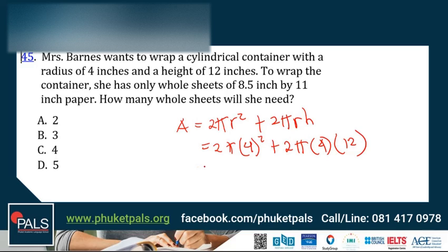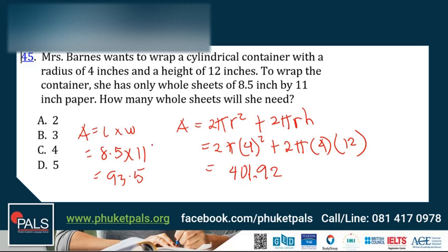Then using a calculator, we've got 401.92. Next is to divide 401.92 by the area of the paper. The area of the paper is 8.5 times 11, which is equal to 93.5.